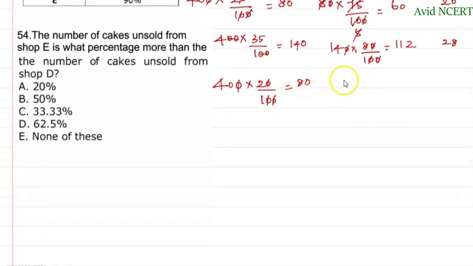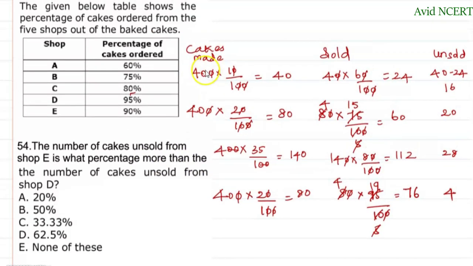Out of these 80 cakes, 95% were sold. So 19 times 4 is 76. So the difference, the unsold cakes, is just 4.